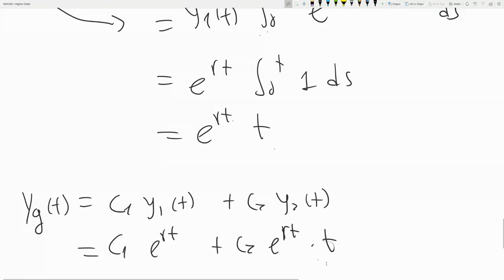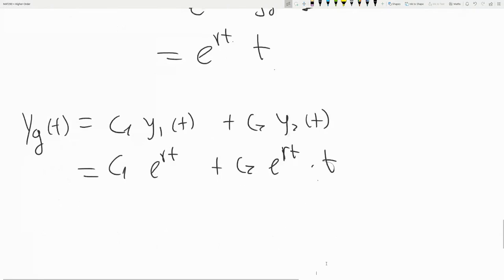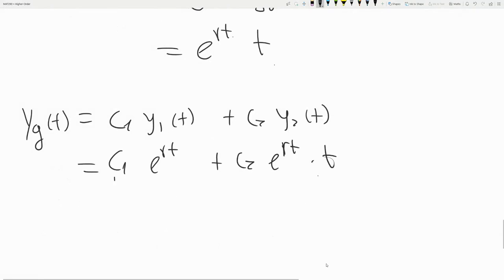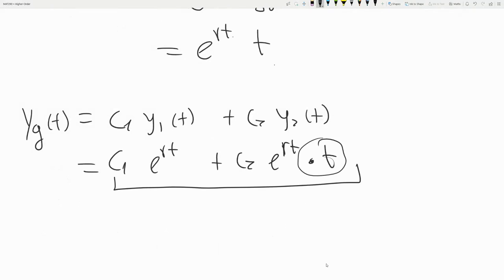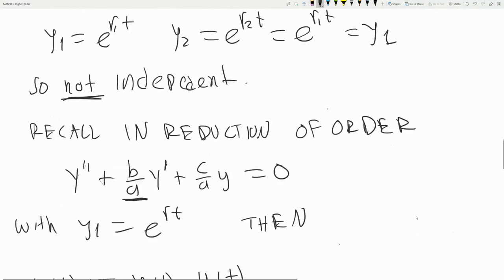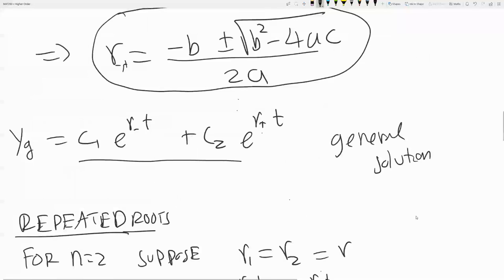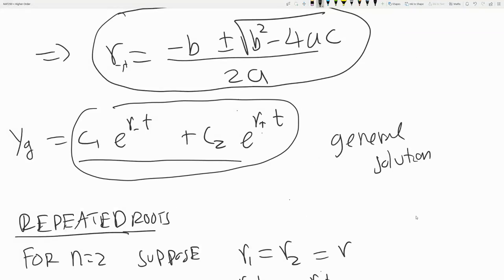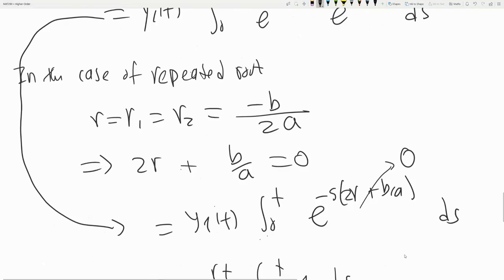So yeah, those are the two cases. If it's repeated, you have to add an extra t, and if it's not, you just keep the two roots. Okay. So next we'll do some examples.